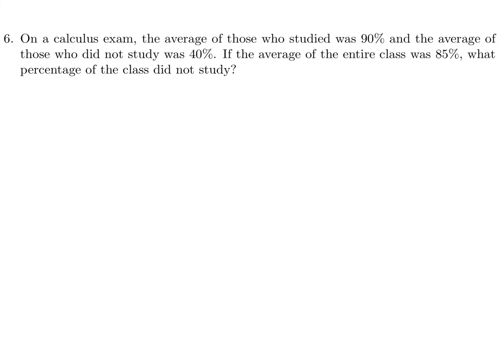On a calculus exam, the average of those who studied was 90%, and the average of those who did not study was 40%. If the average of the entire class was 85, what percentage of the class did not study?